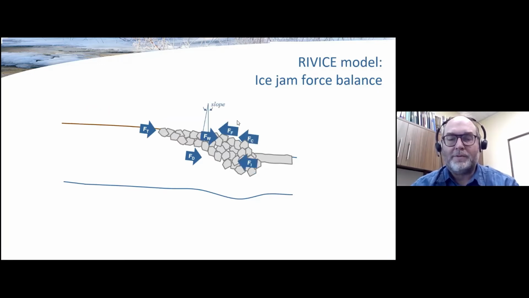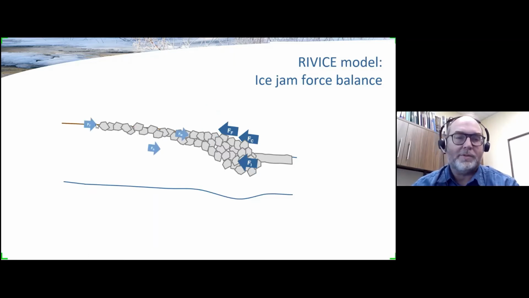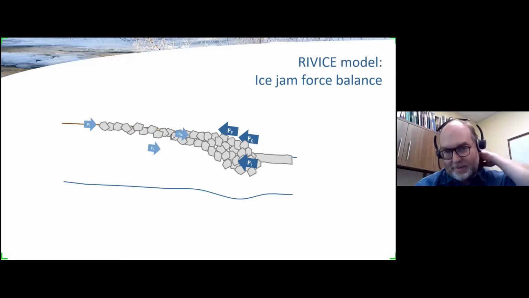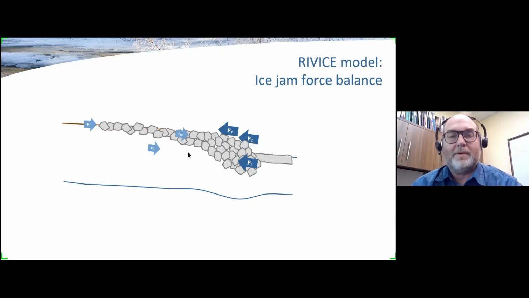But you can have also the situation where these forces here on the left do not outweigh the ones here on the right, and you will just probably get some more juxtapositioning of that ice cover, the extension of that ice cover in the upstream direction.